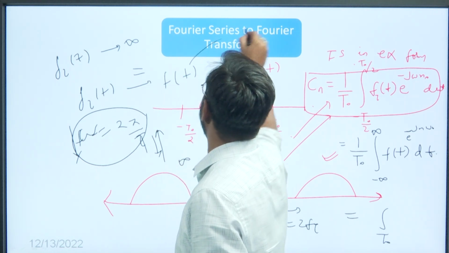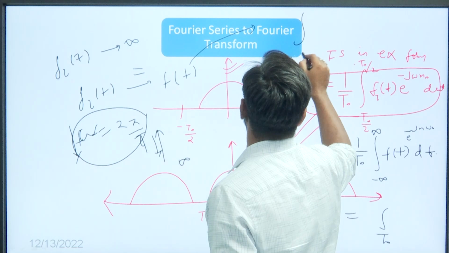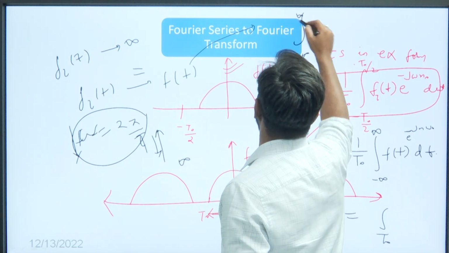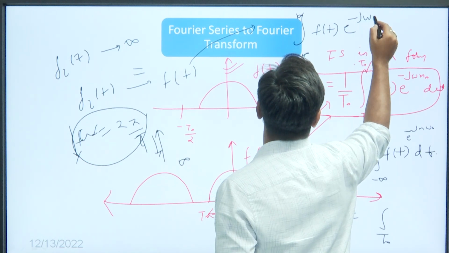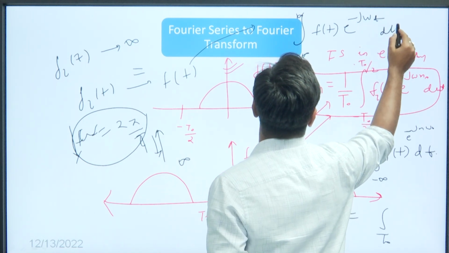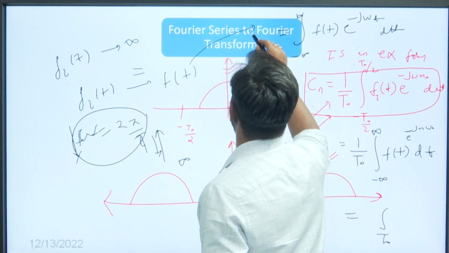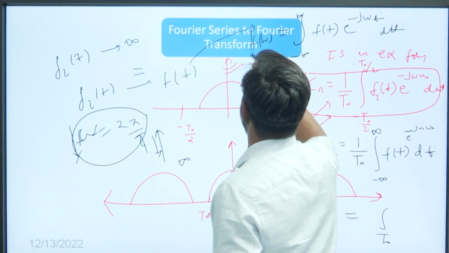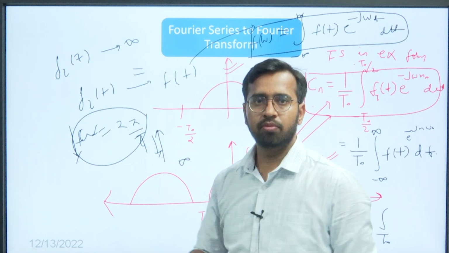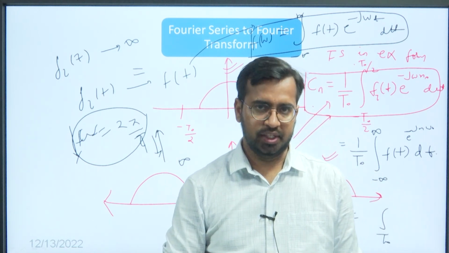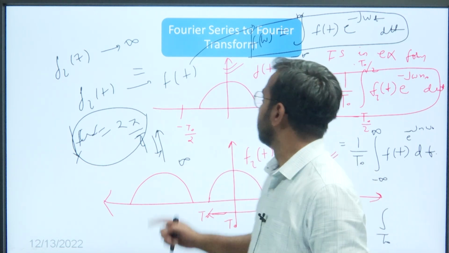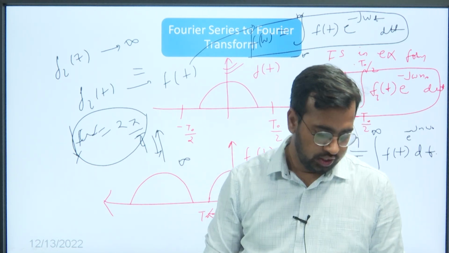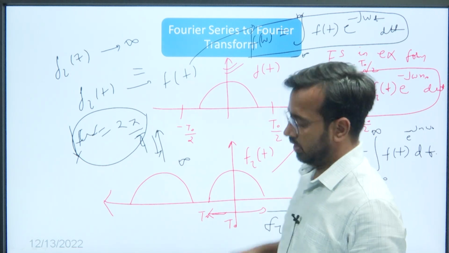The both combined can be written as the integration from minus infinity to infinity of f(t) e to the power minus j omega t dt. This is what we call Fourier transform. This is what basically Fourier transform means, okay. This function F(j omega) is the integral of f(t) e to the power minus j omega t dt.